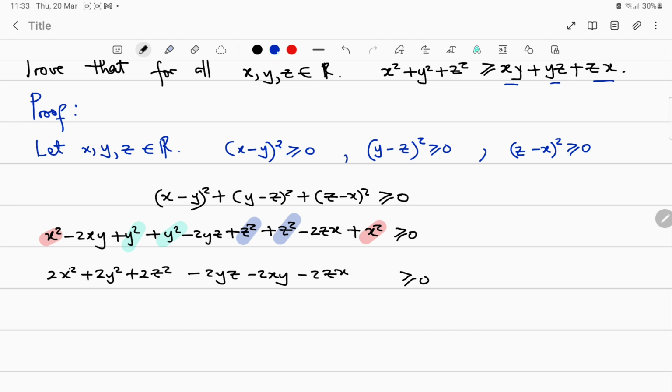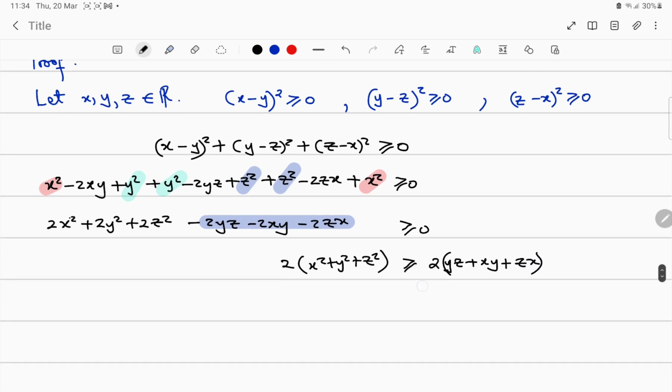Then we take these ones to the other side. What do we get? We get 2x squared plus 2y squared plus 2z squared. We can just factor out 2 there, so 2 times (x squared plus y squared plus z squared) is greater than or equal to 2 times (yz plus xy plus zx).